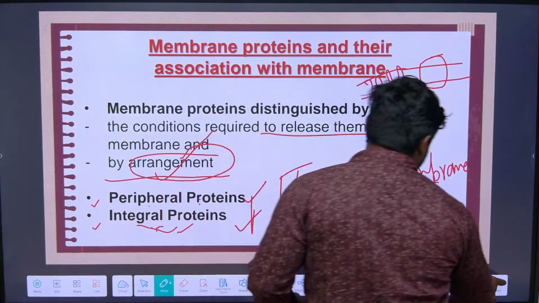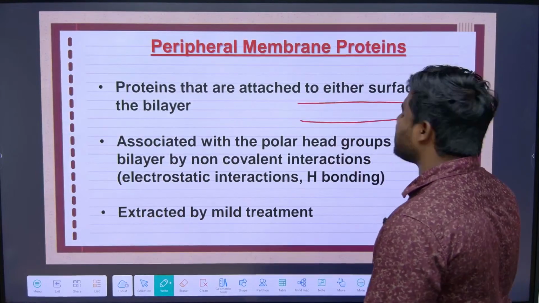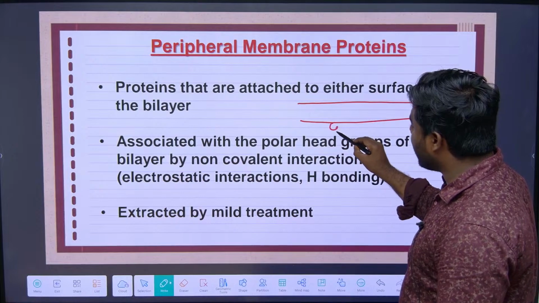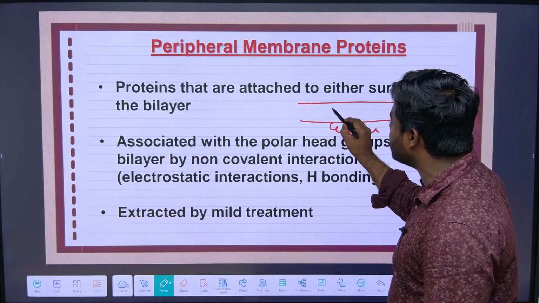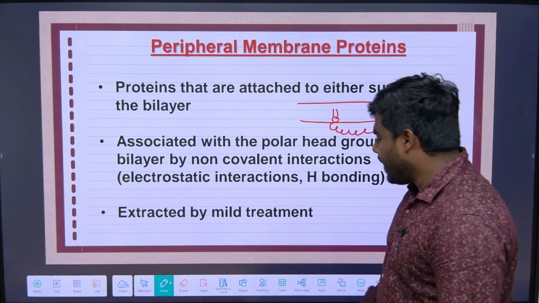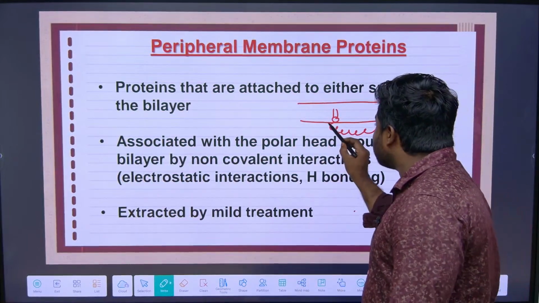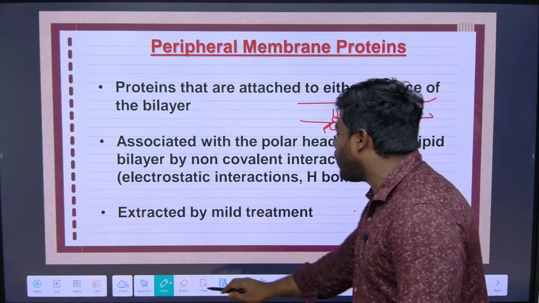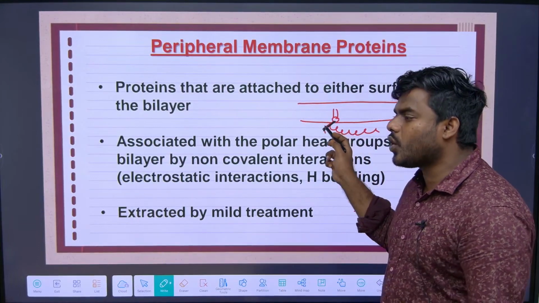If you observe the peripheral protein, as we discussed, peripheral proteins are located here. Correct? They are attached to which part of the lipid? Can you see here? The hydrophilic head. Now friends, what is this linkage? This is important. It is not a covalent linkage.